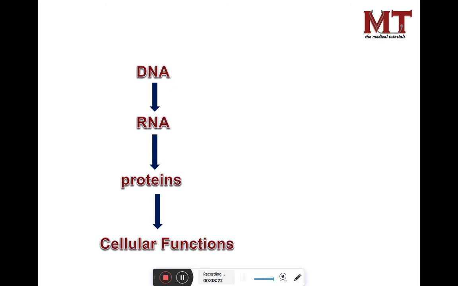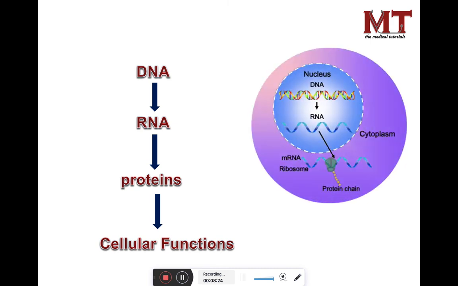The genetic information, that is how the cell is going to function, how the cell is going to perform, is contained in the sequence of DNA in the form of genes. And this information is then transcribed in the form of RNA.